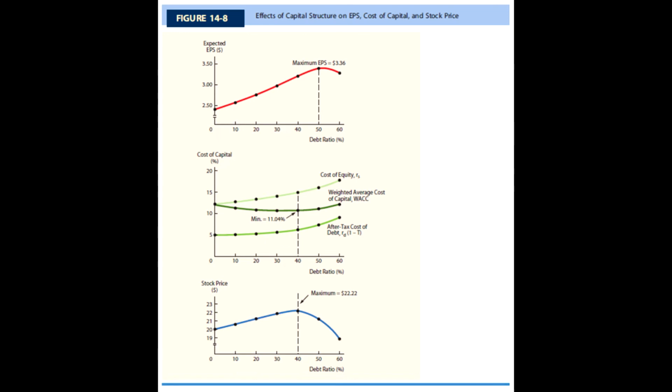Thus, Big B's optimal capital structure calls for 40% debt and 60% equity. Management should set its target capital structure at these ratios, and if the existing ratios are off target, it should move toward the target when new securities are issued.